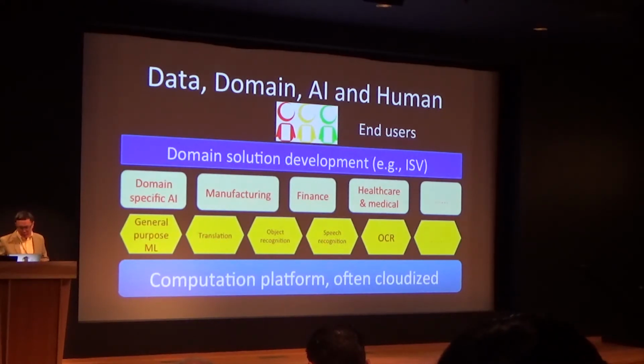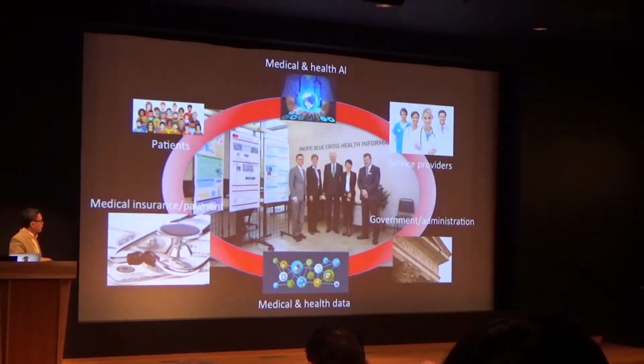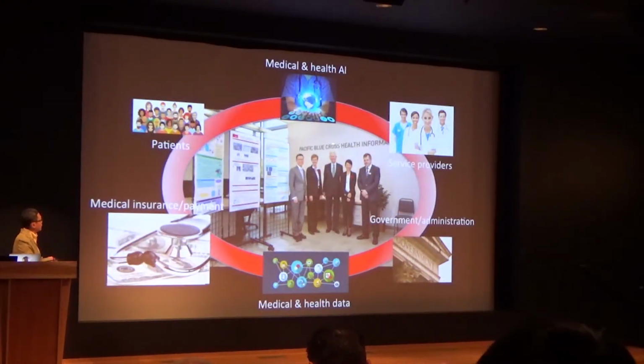Using such a platform, indeed, we can do a lot of things. For example, one thing we started from 2010, working with Blue Cross. We formed a Pacific Blue Cross Health Informatics Lab. We develop all kinds of solutions to connect different parties of the healthcare.